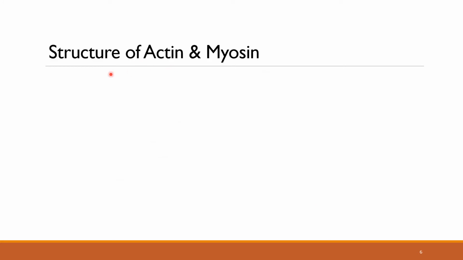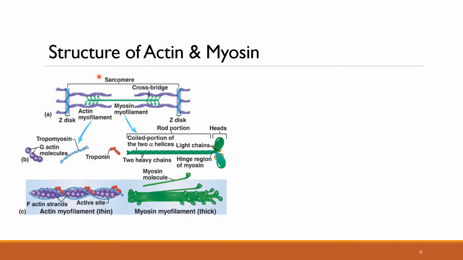So now let us see the structure of actin and myosin. A sarcomere is made up of actin and myosin filaments. The myosin filament is present at the center, the one which is shown in green color, and it consists of two heavy chains, and at the hinge region of myosin the heads are present. Okay, so it is coiled.